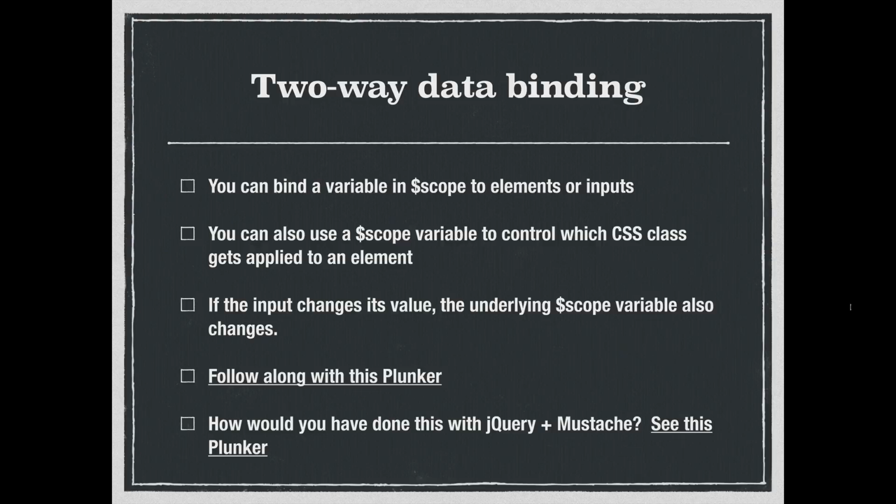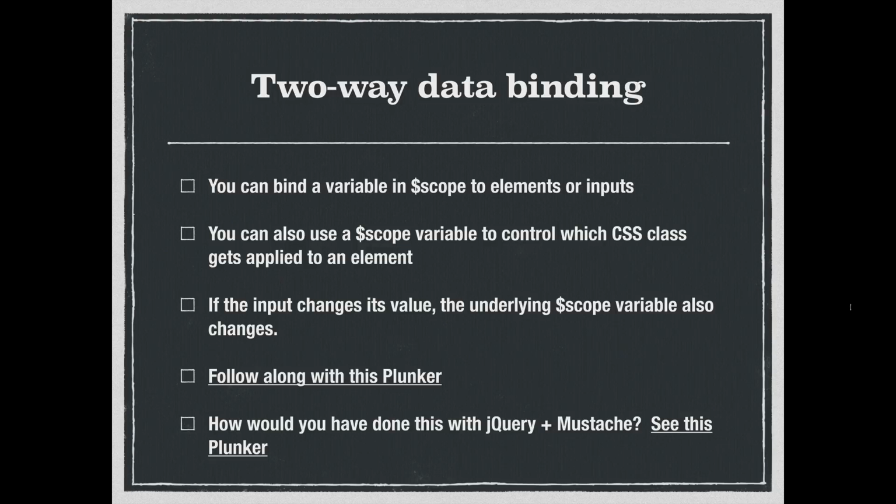We can also use that scope variable to control which CSS class gets applied to an element, and a lot of other stuff. So the element displays the variable that's on the scope in JavaScript directly, and if you change an element or an input's contents, then it also changes the data. Those two are always in sync.